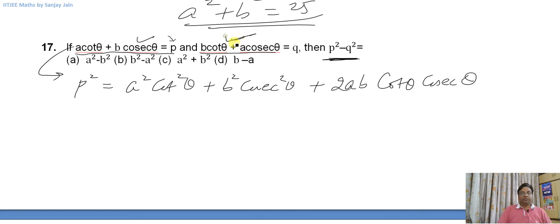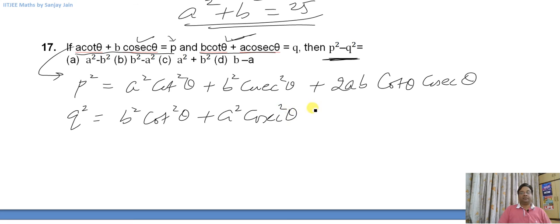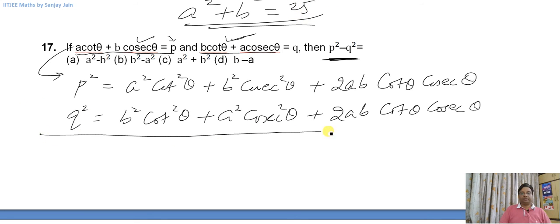And let me square this one now. Q squared is equal to b square cot square theta plus a square cosecant square theta plus 2ab cot theta cosecant theta. Right, now the expression that I require is p square minus q square, so let me subtract.